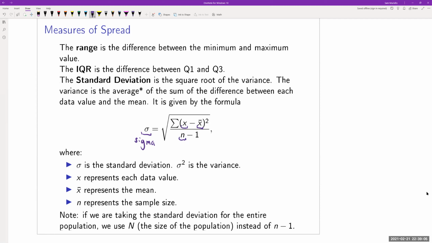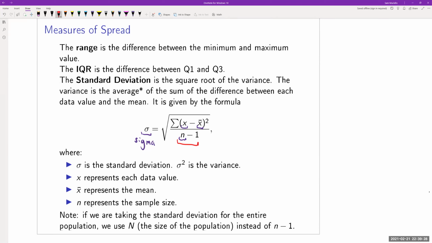A lowercase n, we know, represents the sample size, and if we were working with the whole population rather than a sample, we would take a capital N. Also, once again, for reasons we won't discuss in this class, if we were working with the whole population, we would divide by n rather than n minus 1.